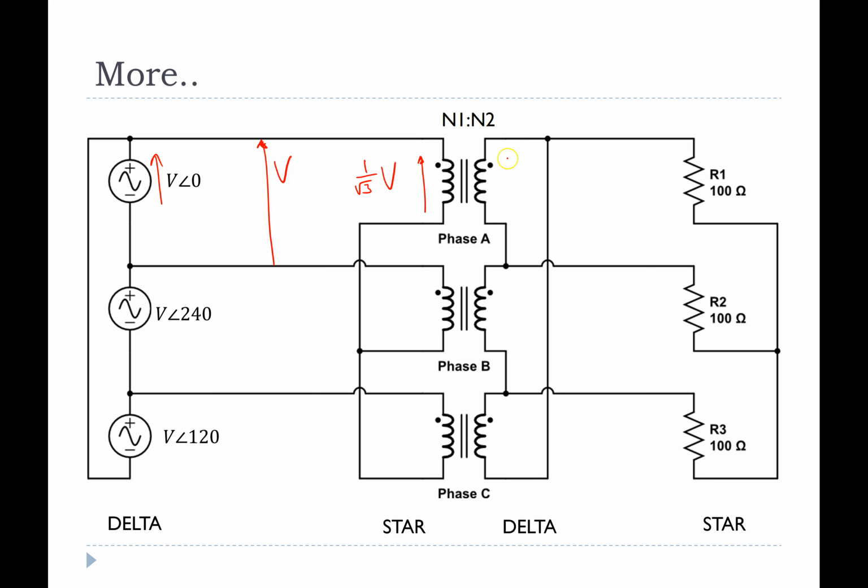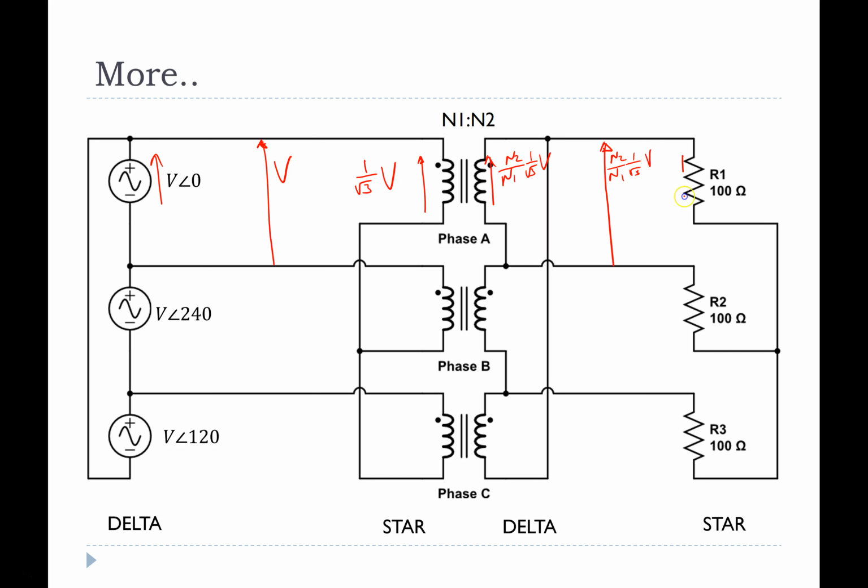This would give us N2 on N1, 1 on root 3 V volts across here. This is in a delta connection. So for the delta connection, we know that the line voltage is the same as the phase voltage. So we have again here N2 on N1, 1 on root 3 V volts.